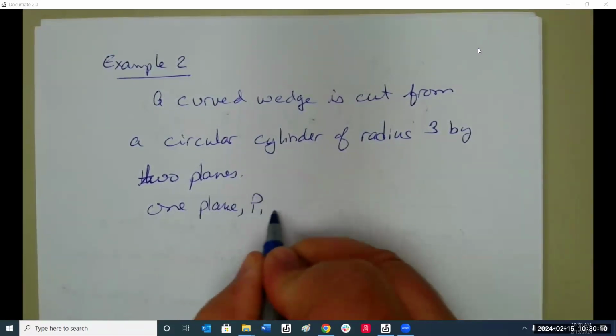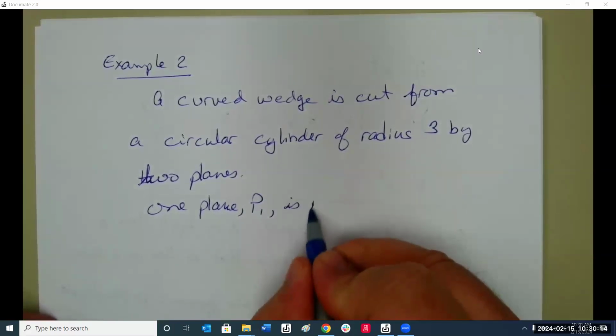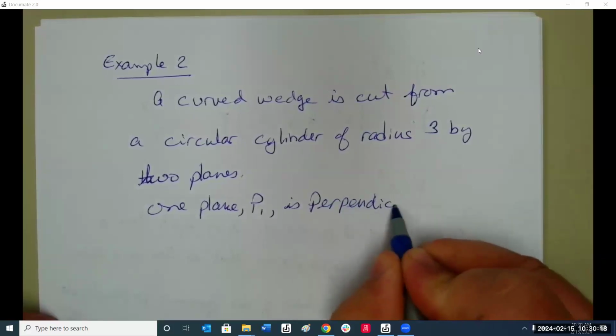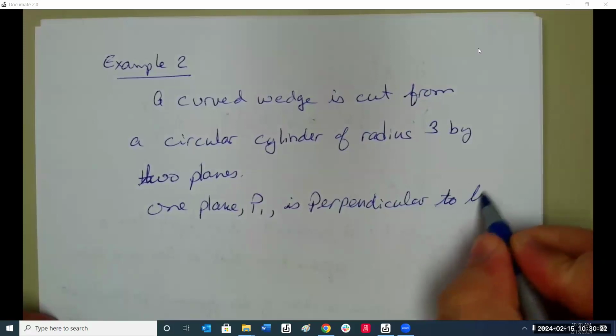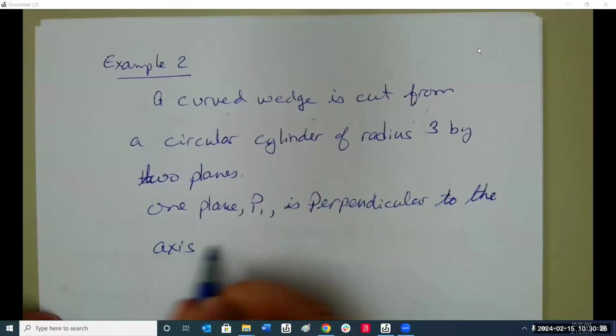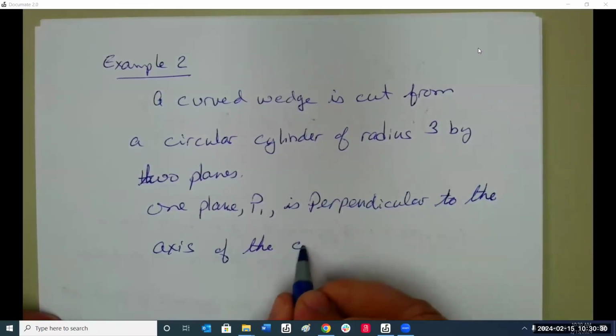One plane, I'll call it P1, is perpendicular to the axis of the cylinder.